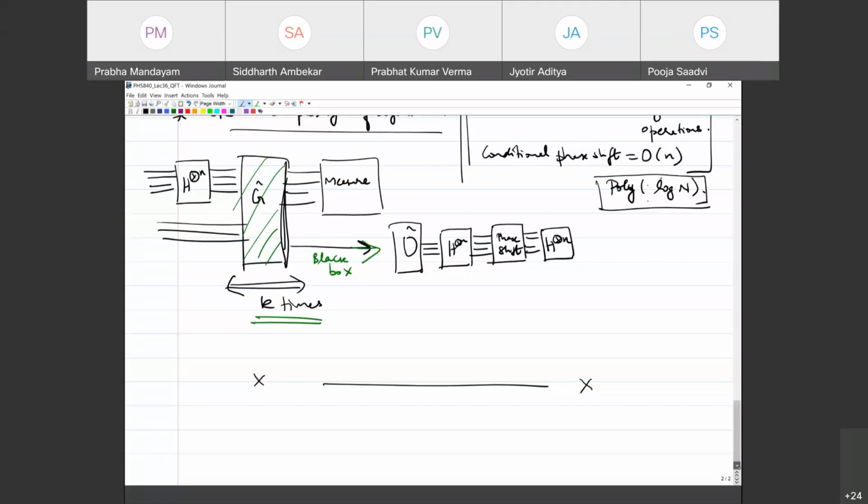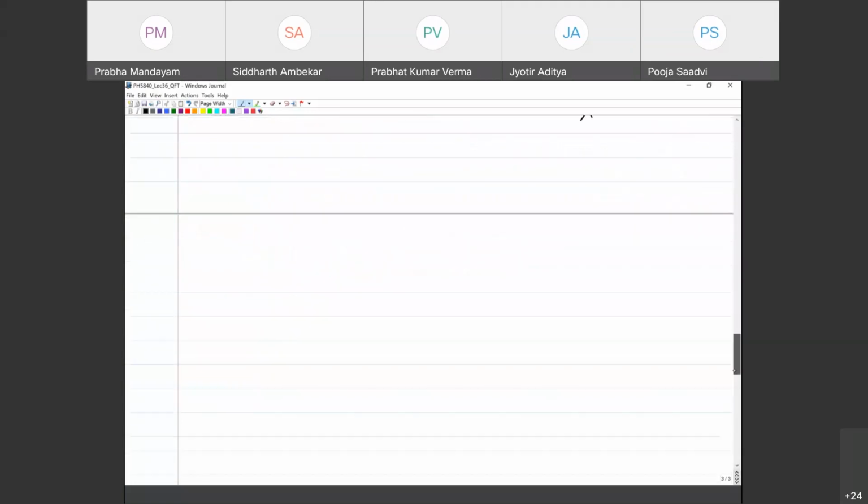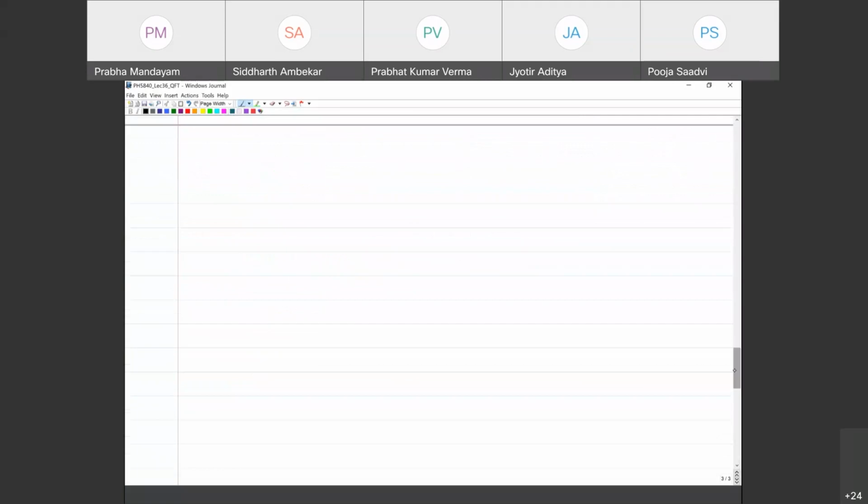So the next thing that we're going to work towards over the next few lectures is the so-called holy grail of computation, which is the factoring algorithm, right? So we would like to work our way towards the quantum factoring algorithm. But there are several steps that go into it, and we'll do this in a sequence.